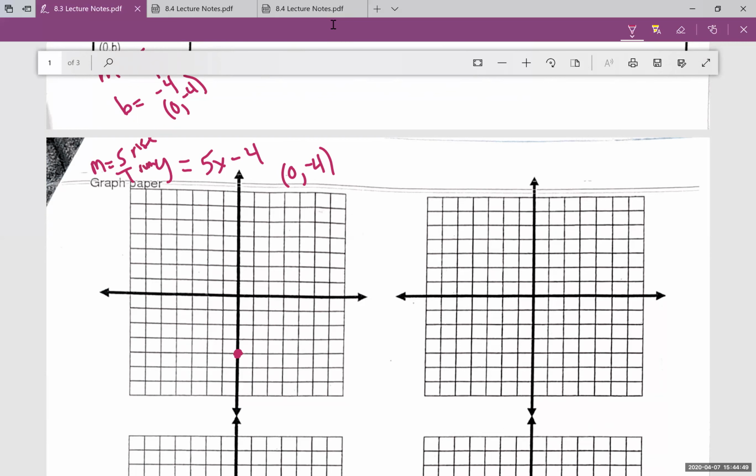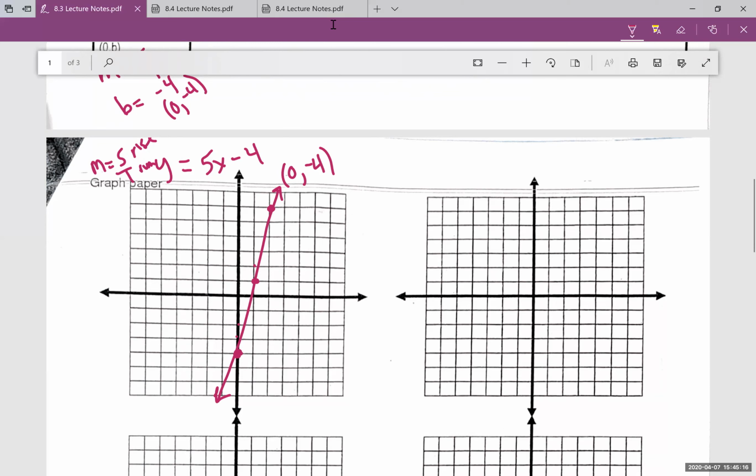So from this point, I could go up 5, 1, 2, 3, 4, 5, and over 1. And I would have my second point. I could also go up 5 more if I wanted to, 1, 2, 3, 4, 5, and over 1. I now have 3 points on this line.